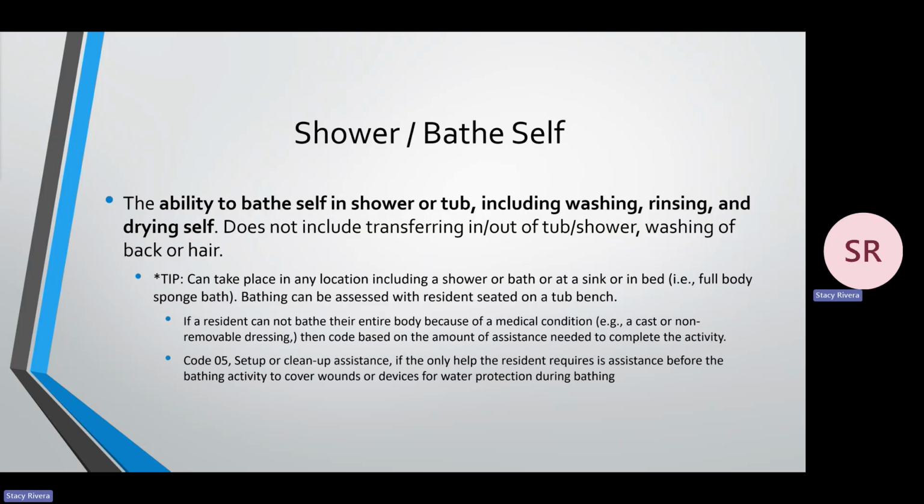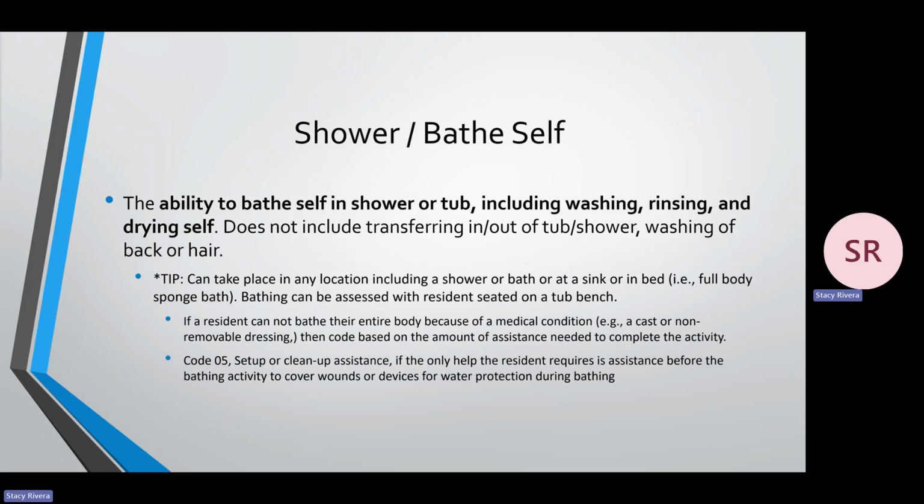Shower, bathe self. The ability to bathe self in a shower or tub, including washing, rinsing, and drying self. This does not include transferring in and out of the tub or shower or washing the back or hair. It can take place in any location. This is good to know for some of our facilities who require day one shower assessments or bathing assessments, right? Can take place in any location, including a shower or bath, or at a sink or in bed.